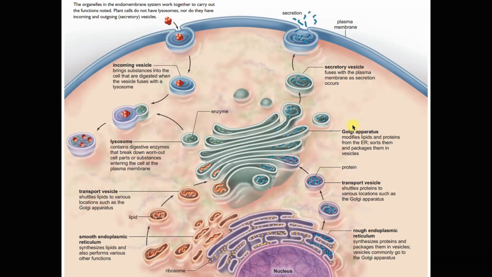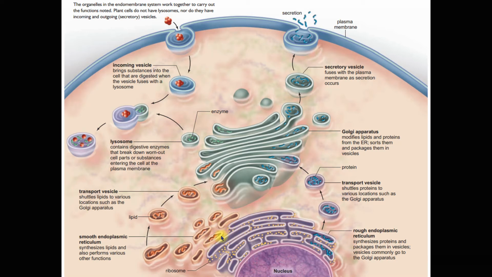As you can see here, proteins from the rough ER are transported to the Golgi apparatus, where these proteins are modified and packaged into transport vesicles, and this transport vesicle will exit the cell as cell secretion. The same goes for the lipid synthesized by the smooth endoplasmic reticulum.